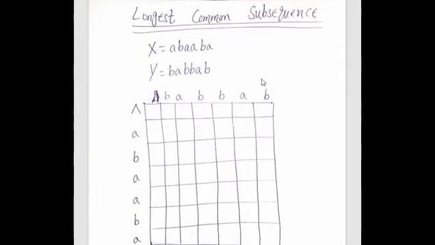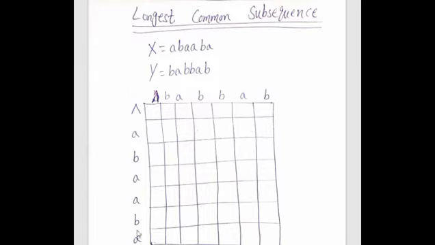We will take the X values on the y-axis and the Y string on the x-axis like this. We have taken X in a column and Y in a row.